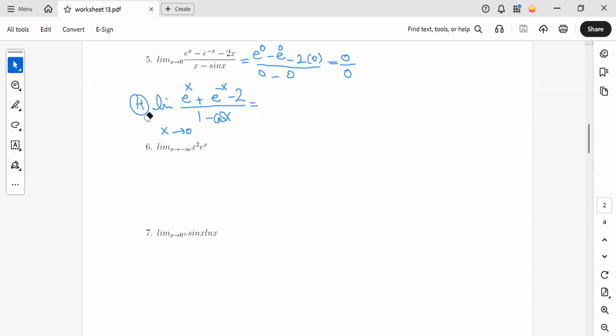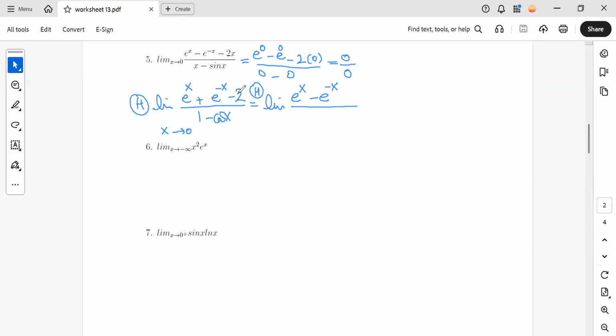So we would use L'Hopital again, limit of derivative of e to x, which is itself, derivative of e to negative x is negative e to negative x, as we described before.